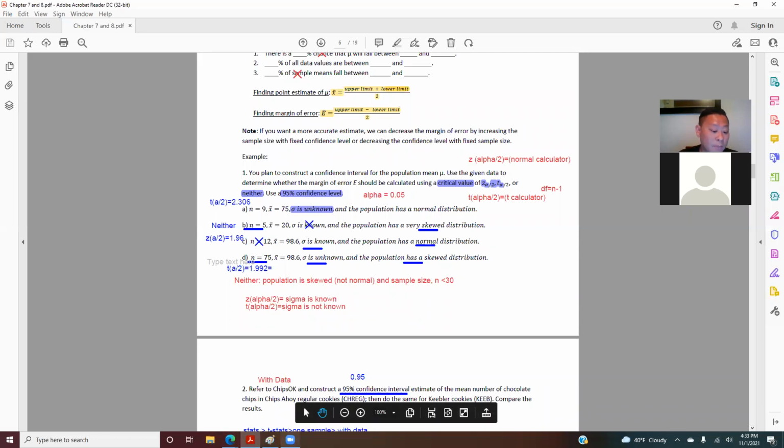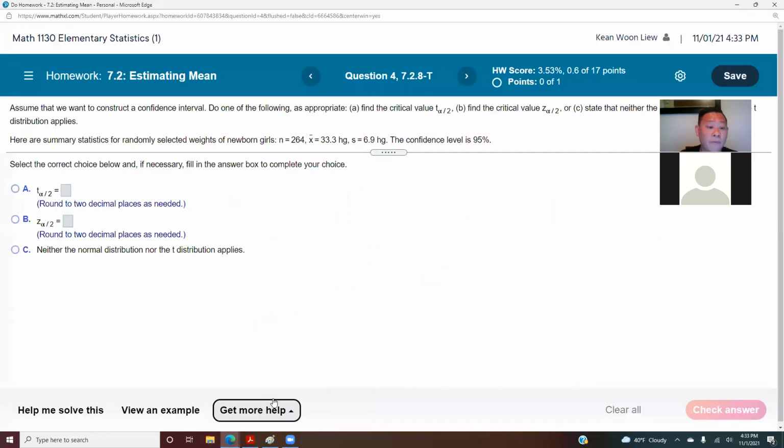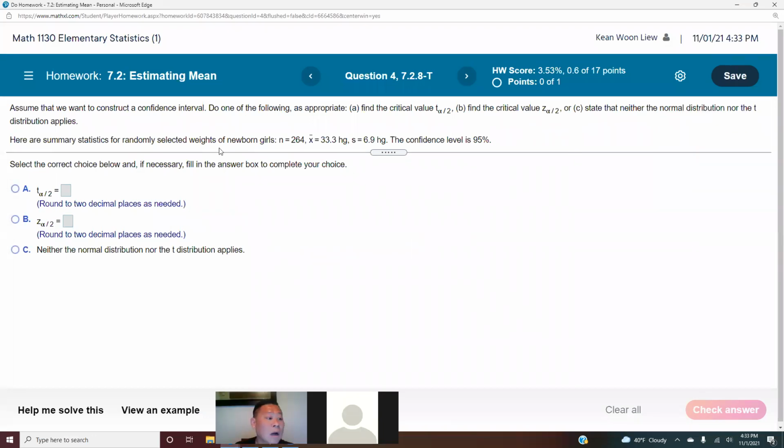So for example, question number 4 is giving us this. Assuming that we want to construct a confidence interval and find the critical value, is that T or Z, or neither, meaning not normal and a small sample? Here are the summary statistics.